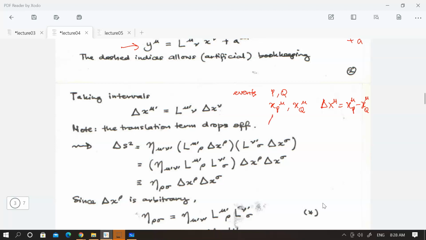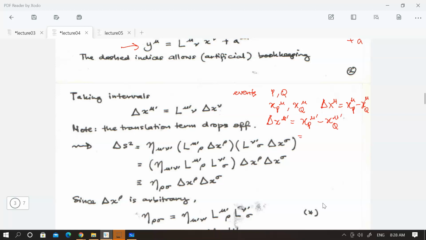I would have Δx^μ dash, oops, I'm getting jumbled up in my notation here. Let me write it properly. Δx^μ dash is really x_P^μ dash minus x_Q^μ dash.